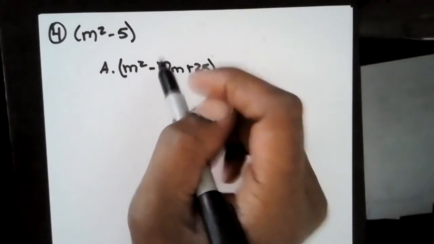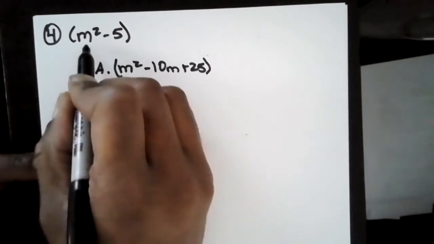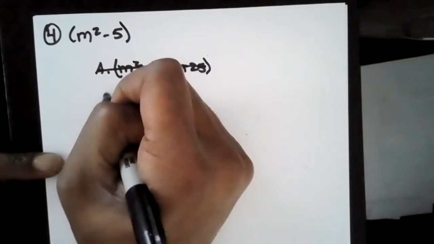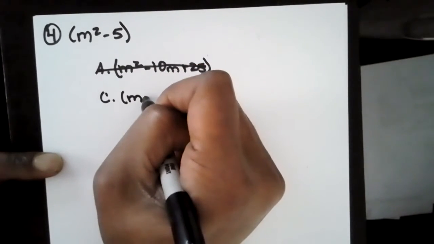So with that being said, this here isn't going to be the answer because we're trying to get from here somewhere else. So let's try letter C, which is m minus 5, m plus 5.